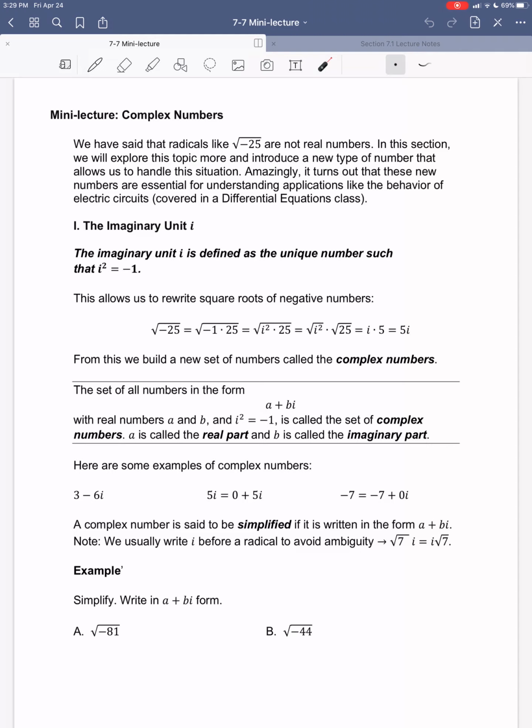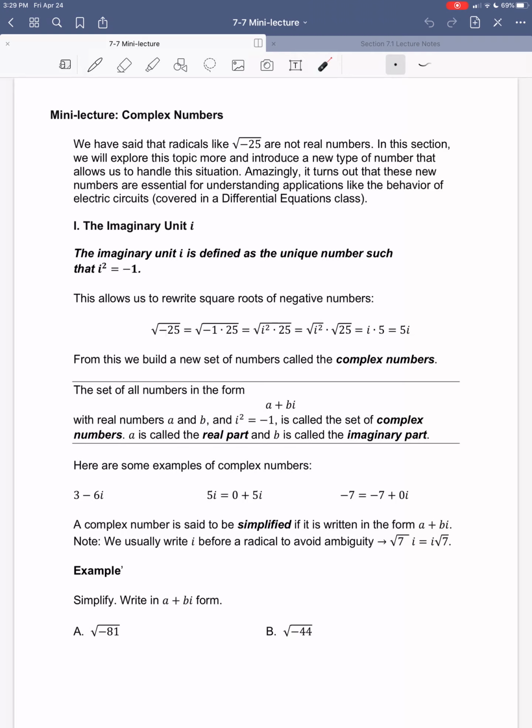So we start by defining something called the imaginary unit, and we use the letter i to represent this. And this is defined as a unique number, there's only one number like this, such that i squared equals negative 1. So I said I couldn't think of a number that times itself would be a negative, but I say, well, whatever that number is, I'm going to call it i. So that lets me rewrite square roots of negative numbers.